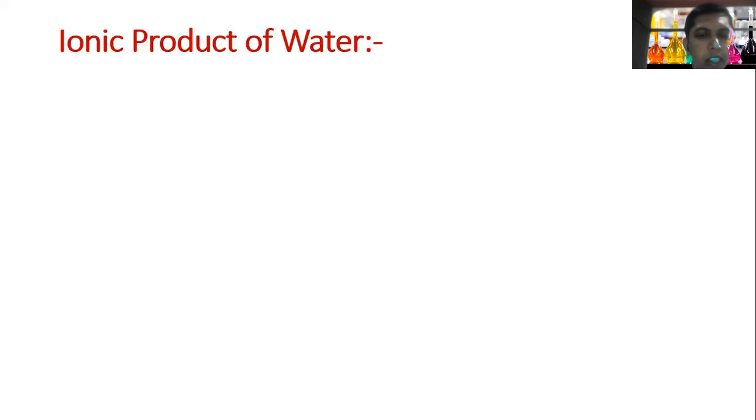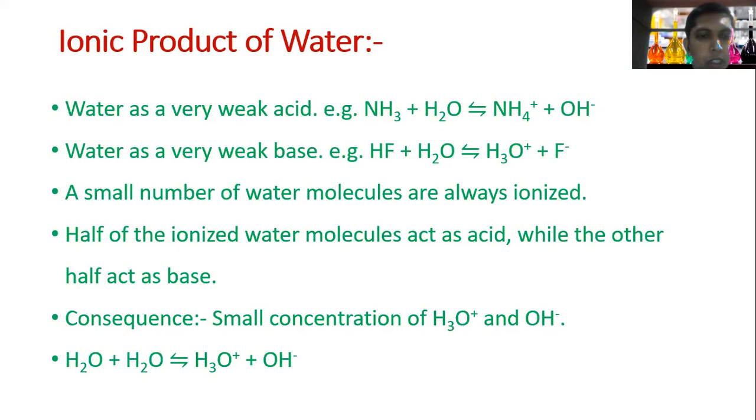Now, the next point that we have to discuss is the ionic product of water. Water can act both as an acid as well as a base, so we call it amphoteric. So water as a weak acid can react with bases to give OH minus ions. And water can also act as a weak base, so it can react with some acids to form hydronium.